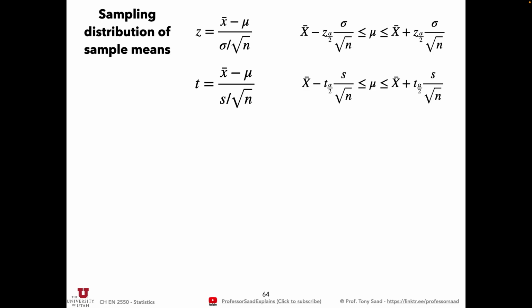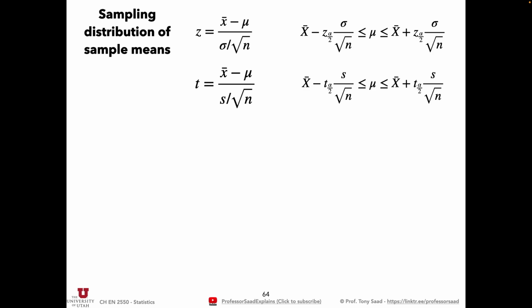In the case where we do not know the population standard deviation, which we don't in practice, we have to substitute it with the sample standard deviation, called S, and in this case, the sampling distribution of sample means follows a t-distribution, which captures a little bit of the error of lack of knowledge of the true population standard deviation. It does a better job, it's more accurate.